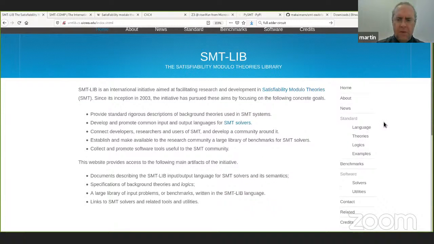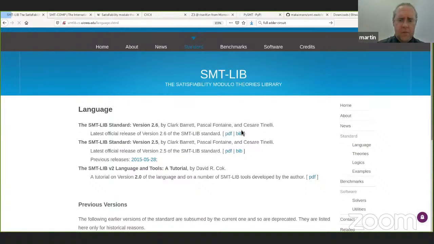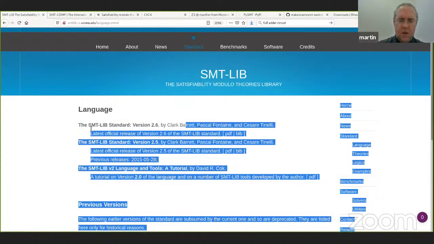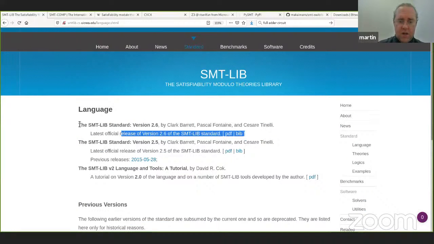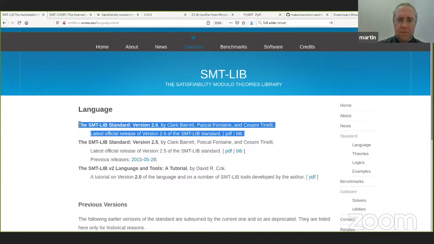Okay, so on the sidebar, if we click on language, then we get this, which is the SMTLib standard.